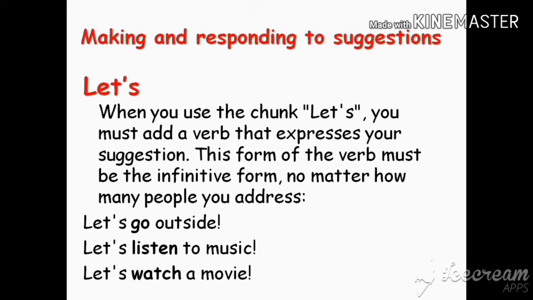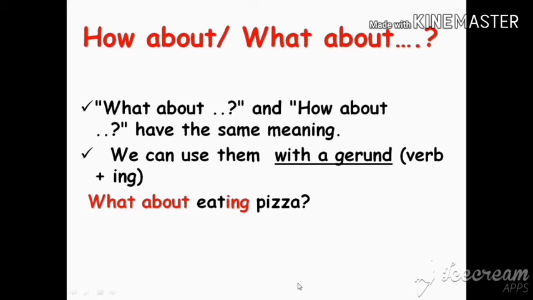For example, let's go outside, let's listen to music, let's watch a movie, right? We have here how about and what about. So what about and how about have the same meaning, right? And we can use them with a gerund, verb plus ing. For example, what about eating pizza?